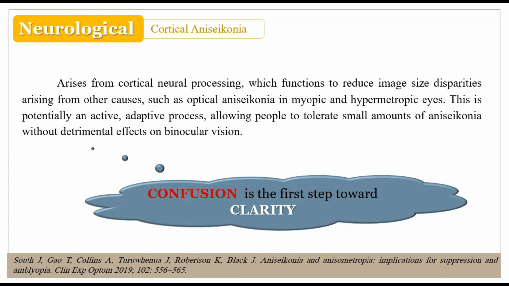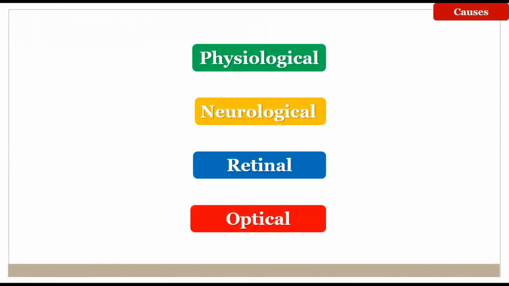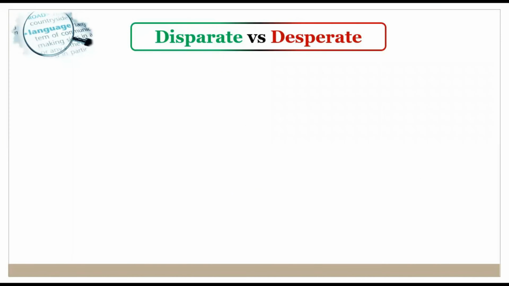That's why some people have a small amount of aniseikonia and troublesome symptoms, while others have a significant cause for aniseikonia but don't complain, because there are too many factors in play in the processing of aniseikonia.